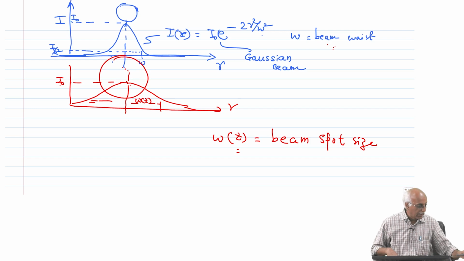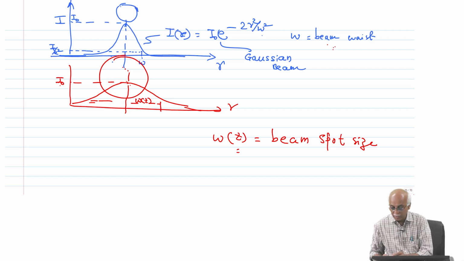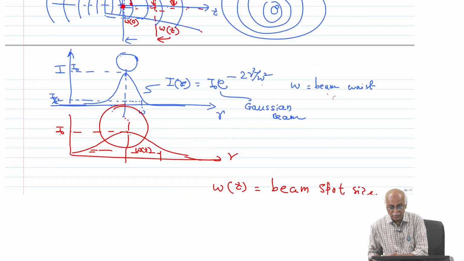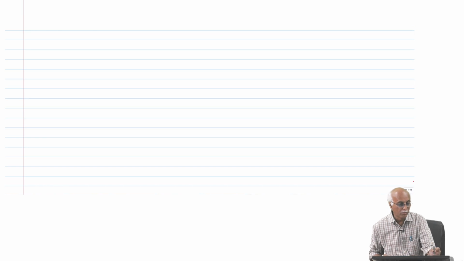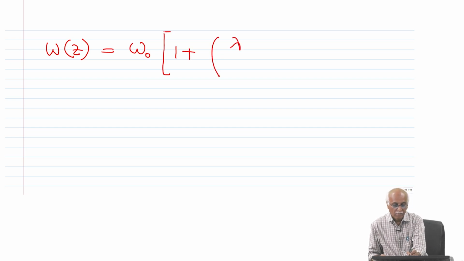And considering a Gaussian beam shape, the relationship between W(z) and W0 is: W(z), at any position z, equals the beam waist W0 at z equal to 0, times the square root of 1 plus (lambda z upon pi W0 square) squared.